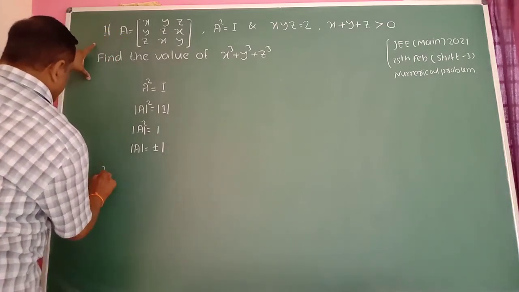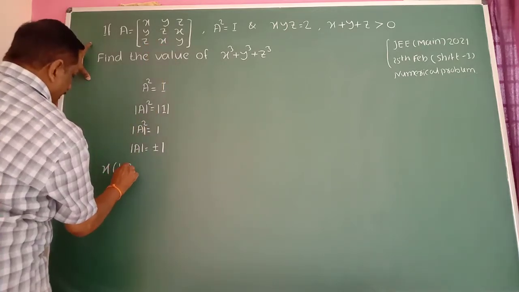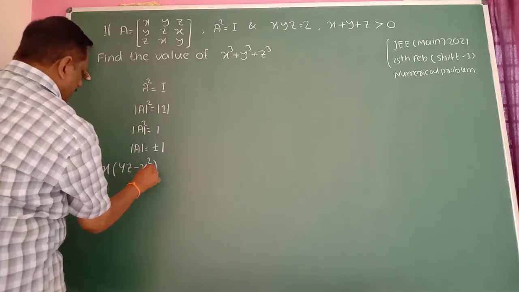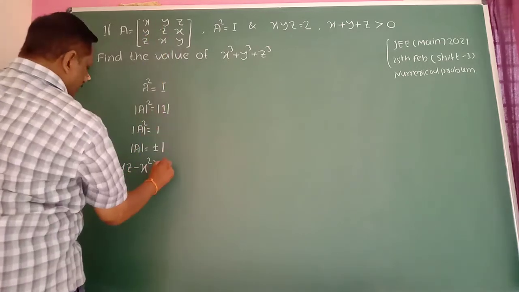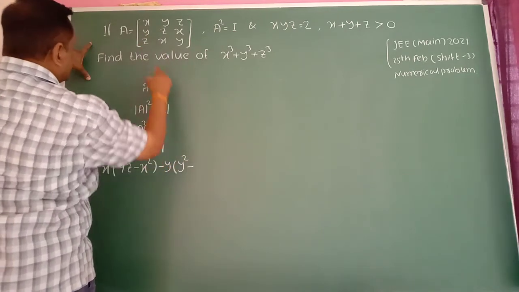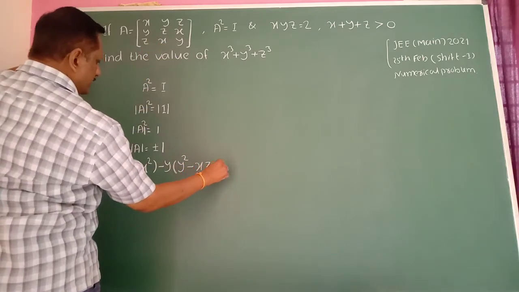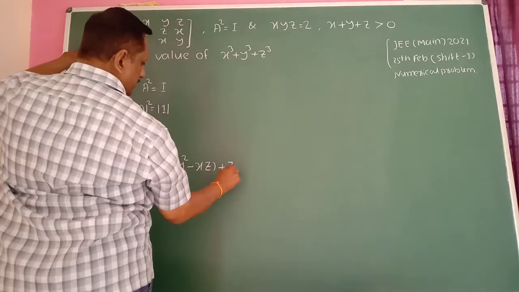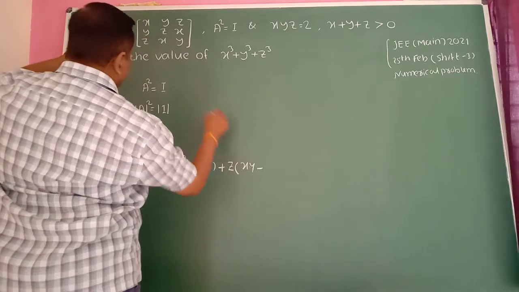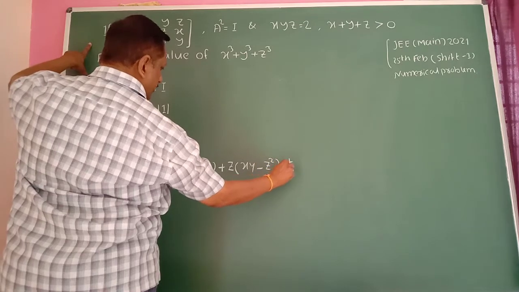Therefore x, z into y becomes yz, minus of x into x is x square, minus of y into y becomes y square, minus of x into z is xz, then plus z into x into y becomes xy, z into z becomes z square, is equal to plus or minus 1.